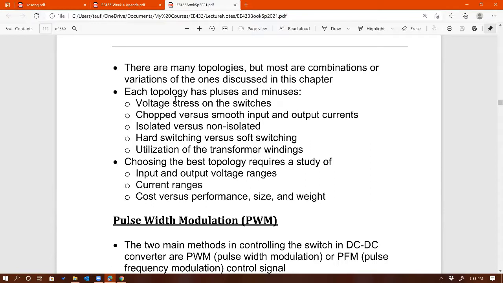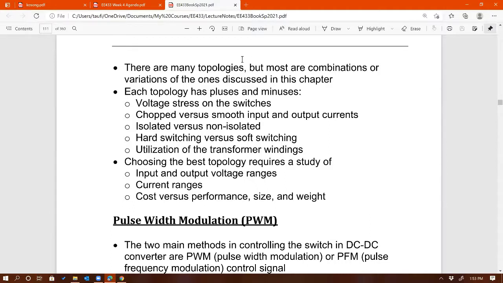Each topology has pluses and minuses, advantages and disadvantages. For example, some topologies would impose higher voltage across their components. Some others distribute the voltage better, so the stress is lower for some topologies.